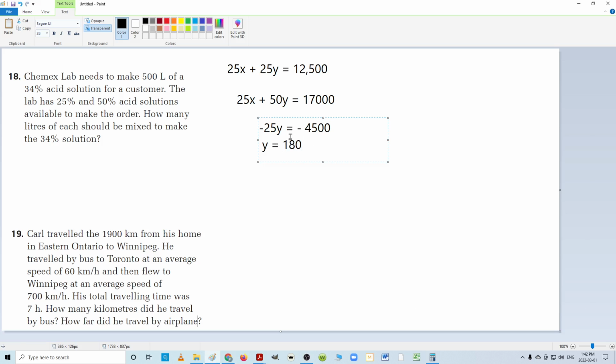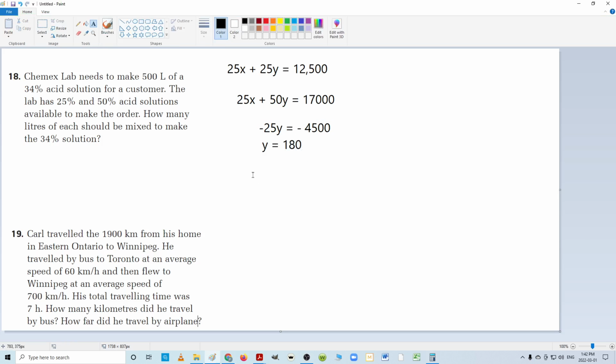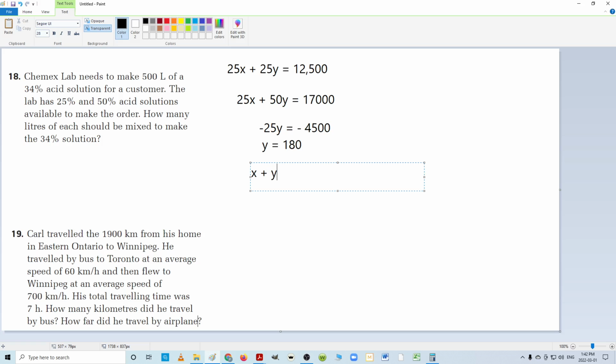Good thing I double checked. And since x plus y must add up to 500, I know that x is equal to 320 liters and y is equal to 180 liters. So then you have to go back and remember which one is x and which one is y, which one is the 25%. Since this one's the weaker one, this is probably the 25%, and this is probably the 50%.